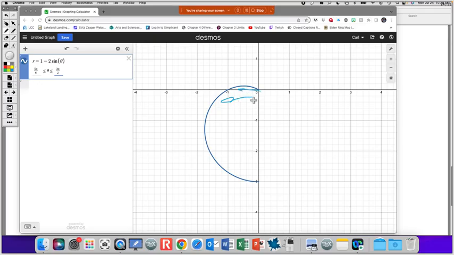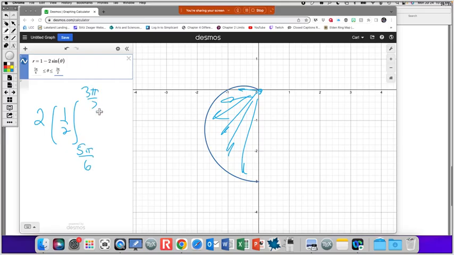And so if I go in there and find the area, once again, sweeping from the pole out to the curve, I could just double this area, and then subtract off the inner loop.